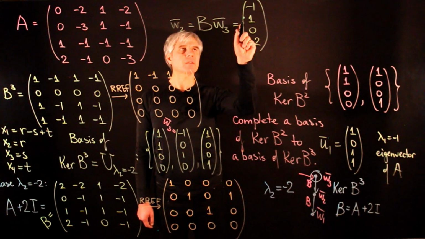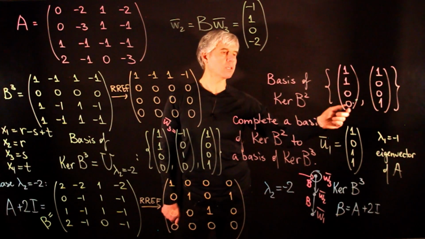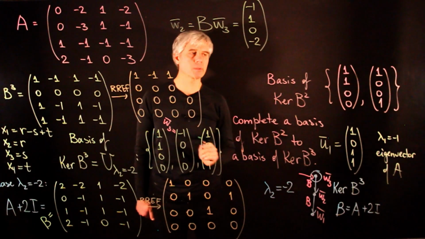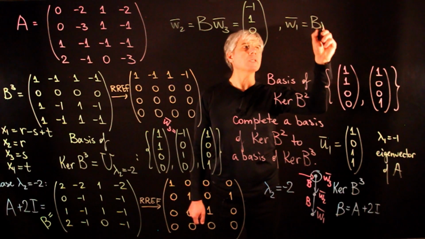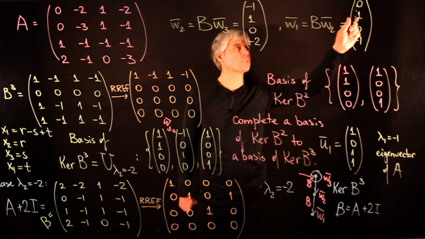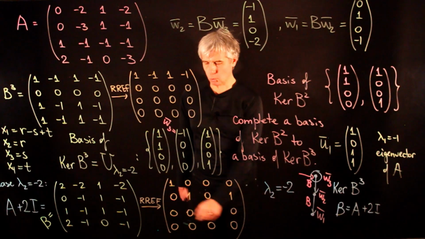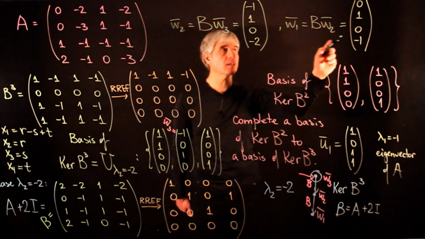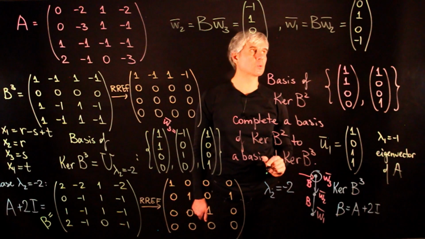This will give us the vector (-1, 1, 0, -2). And we can see that this vector is indeed a linear combination of the two basis vectors of the kernel of B squared. And finally, w1 is B applied to w2. This will give us the vector w1, which is (0, 1, 0, -1). And we can see from this reduced row echelon form of the matrix B that this is indeed the eigenvector for the matrix A with eigenvalue lambda equals -2.